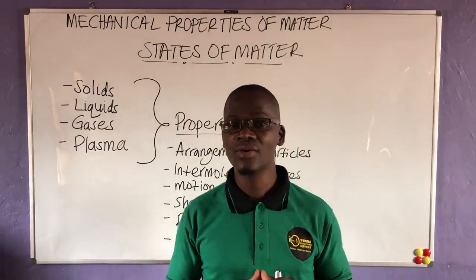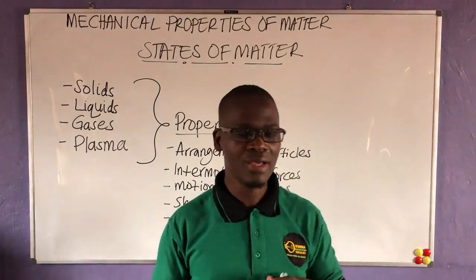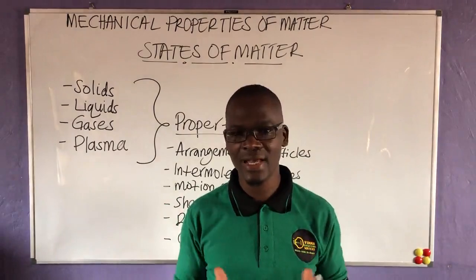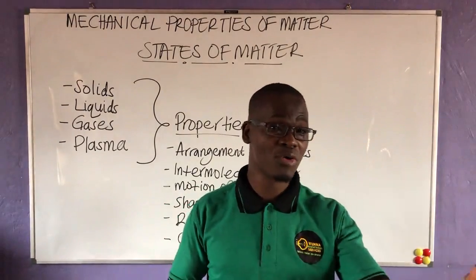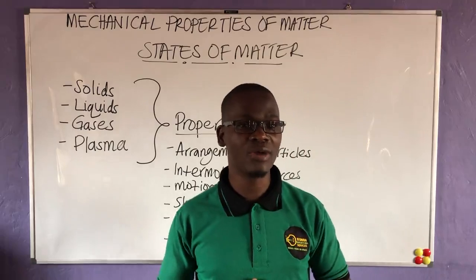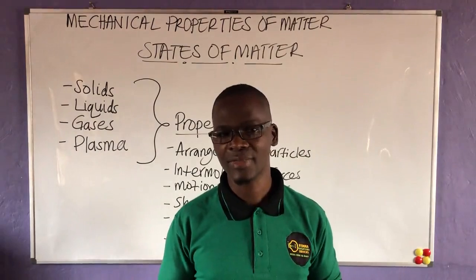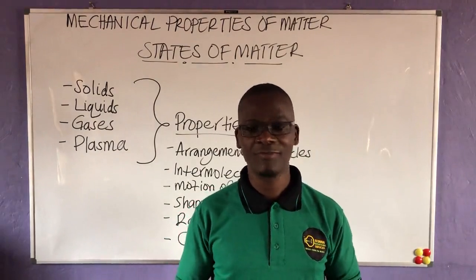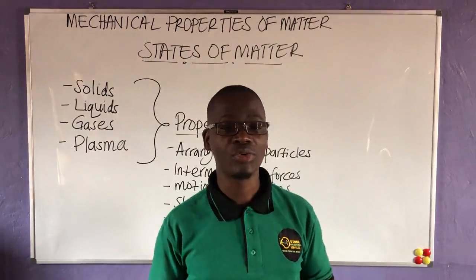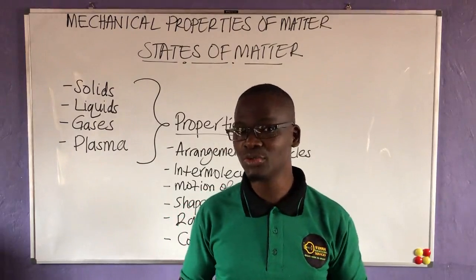And then we have the oxygen we breathe in. That is in gaseous form. The smoke that is given out when cooking is in gaseous state, among others. For plasma state, we shall look at it in particular.